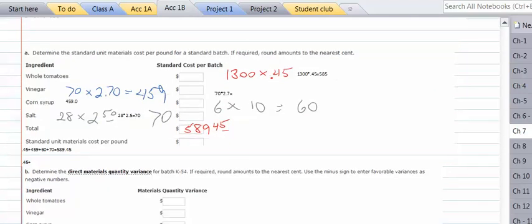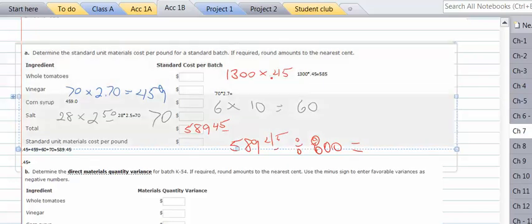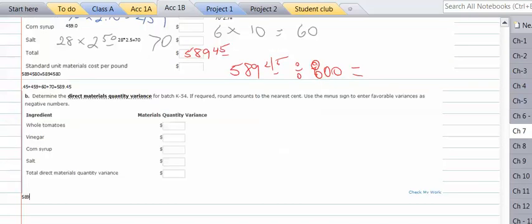So I'll take the 589.45. I'm going to divide that by 800. My decimal didn't work.